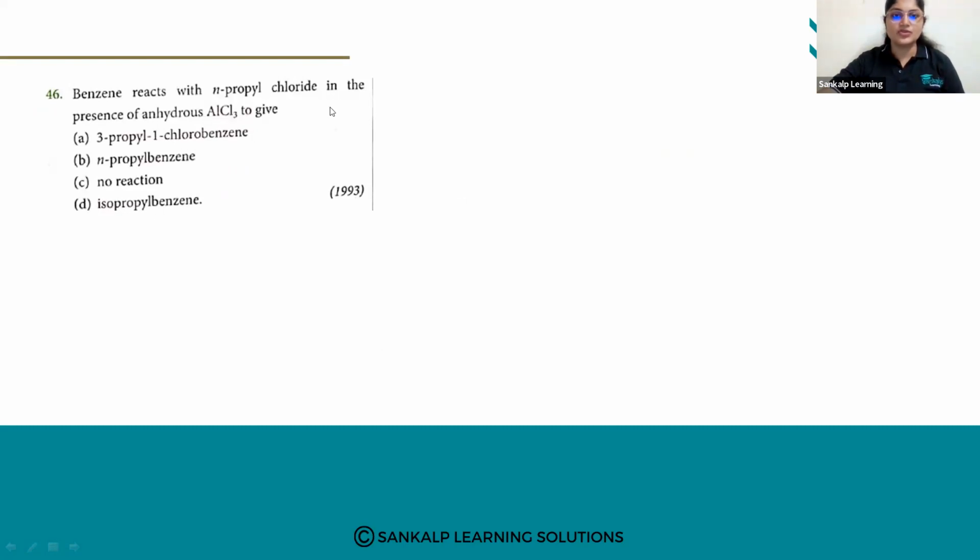What type of reaction does it give? Here, benzene reacts with n-propyl chloride. N-propyl means CH3CH2CH2Cl, in the presence of AlCl3.